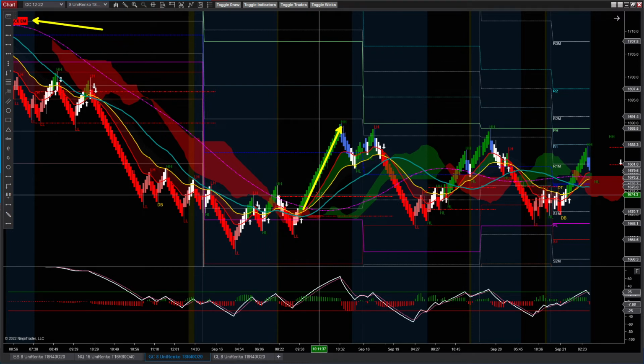Then you make a move to the downside and now you paint it here, right there. That would be the trigger. The problem is that we are in the green area, so it's riskier. But you do have a lower high, and then you're looking for a lower low.